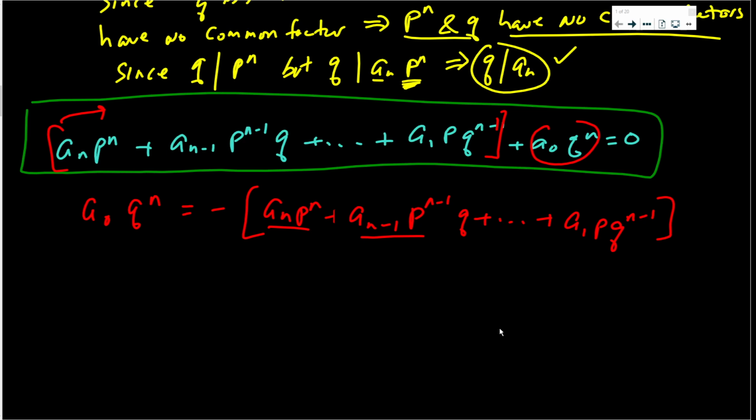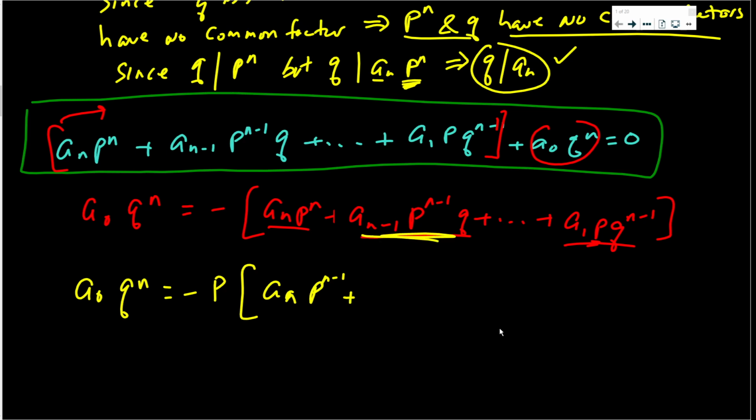Instead of factoring out a q, we're going to factor out a p. So what we have is a_0 q to the n is negative p times a_n p to the n minus 1, plus this piece with our single factor of p factored out, plus this one where we factor out the p. So we get a_1 q to the n minus 1.